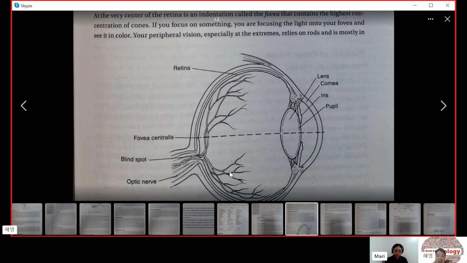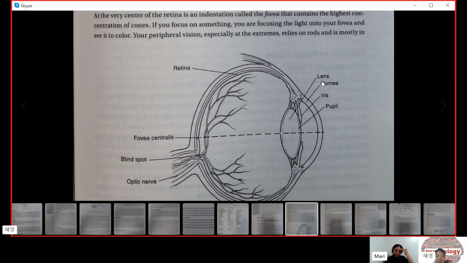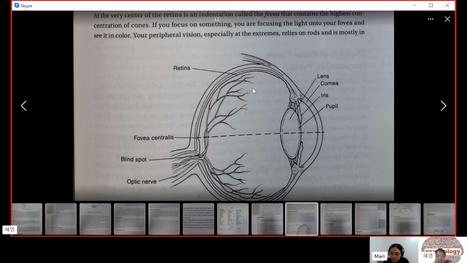So this is your eye, and this is the pupil, this is the iris, this is the cornea, this is the lens, and this is the retina. And here, the blind spot, optic nerve, and fovea centralis.